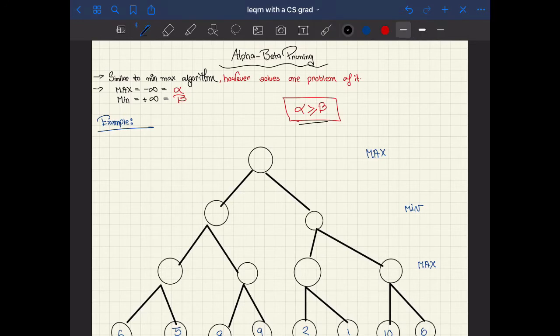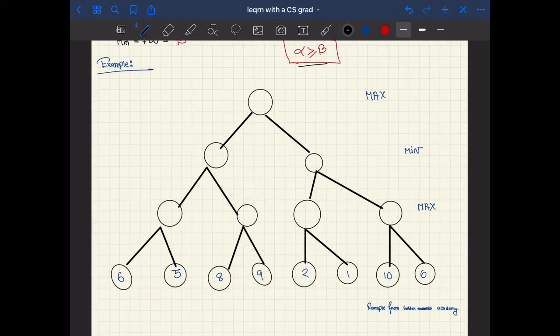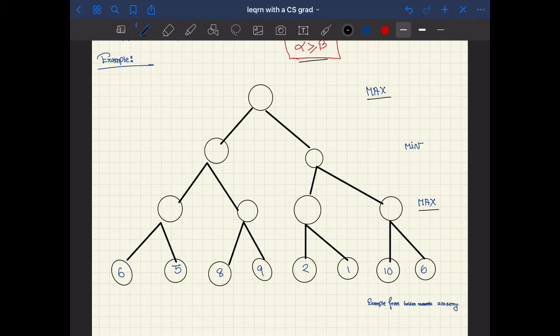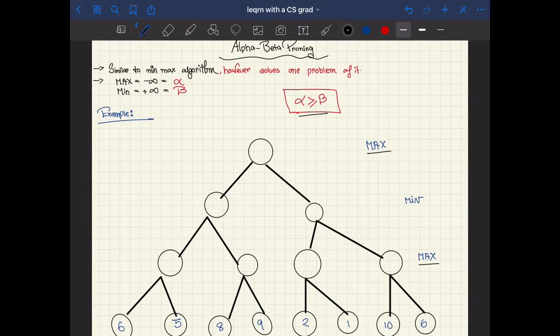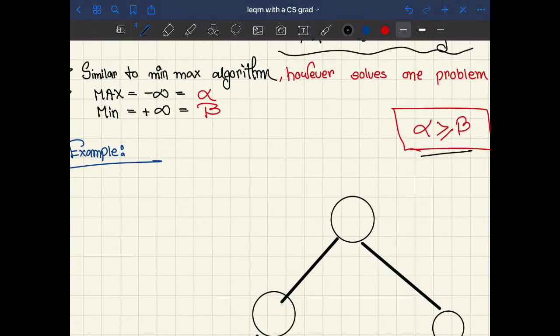Similarly to the min-max algorithm, we have max and min values. The top or the root value is always the max, then the min, then the max, and that goes on. In alpha beta pruning, we have alpha, which represents the max value, and beta, which represents the minimum value.